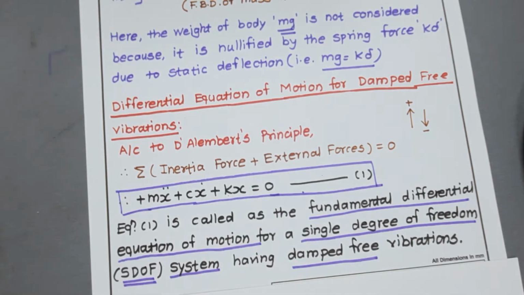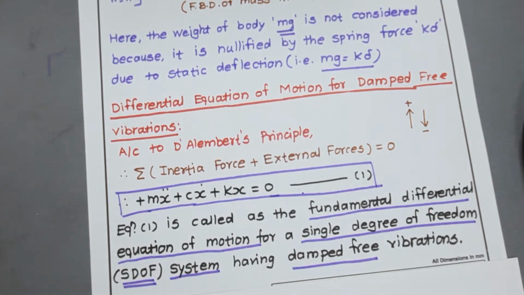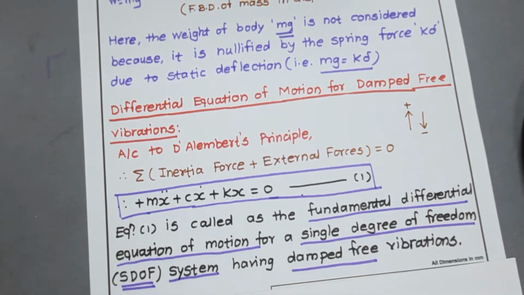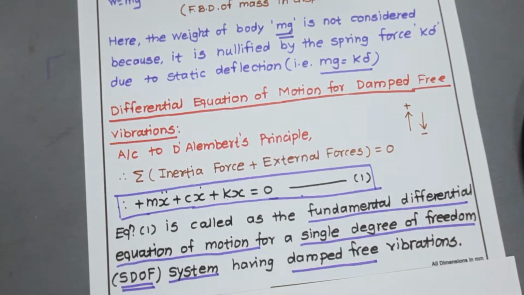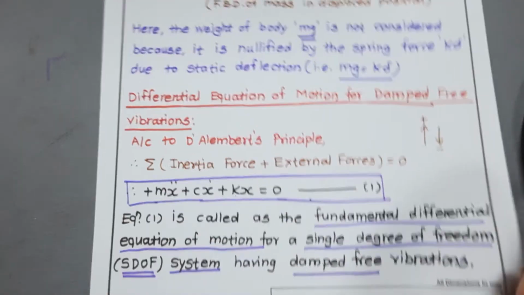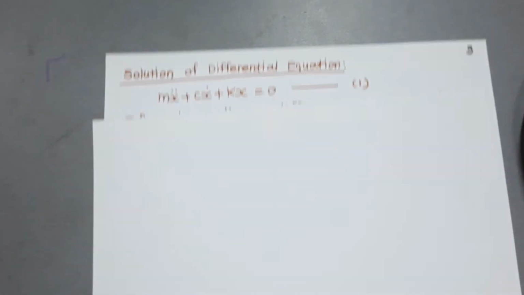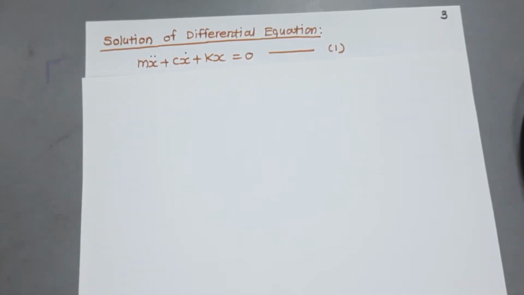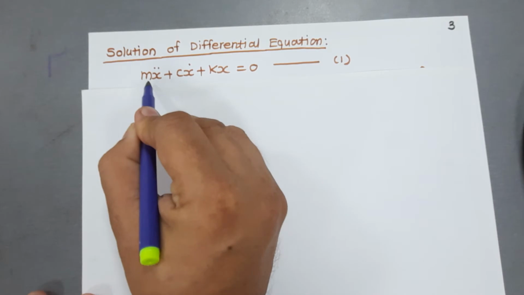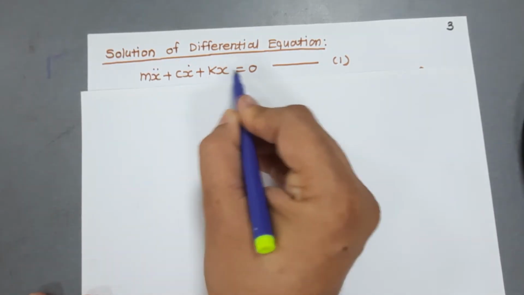Now I have reproduced this equation here. I want the solution for the differential equation, equation number 1. For equation number 1, we now proceed to the solution of the differential equation. Here I have reproduced equation number 1, mx double dot plus Cx dot plus Kx is equal to 0.